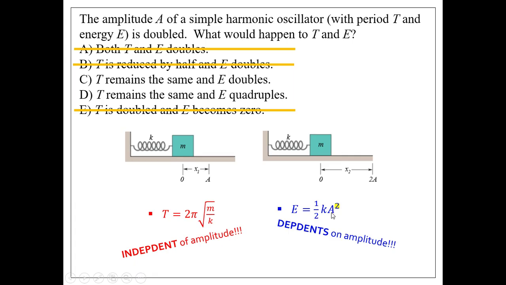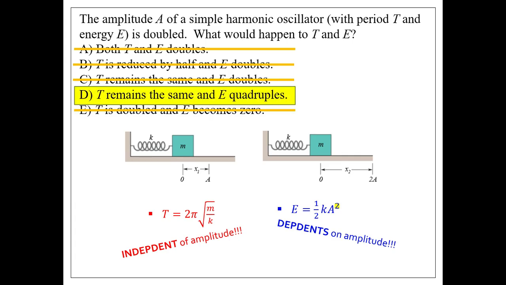The whole new quantity is being squared. So the new value is 2A. You have to square the 2, which is 4, and then the A squared remains. So really, there's a coefficient of 4 in this particular quantity. So I'm going to cross out C because this is not a linear function. It depends on A squared. Doubling A quadruples your energy. All right, so just by deduction there, I'm going to go ahead and choose D as my answer.